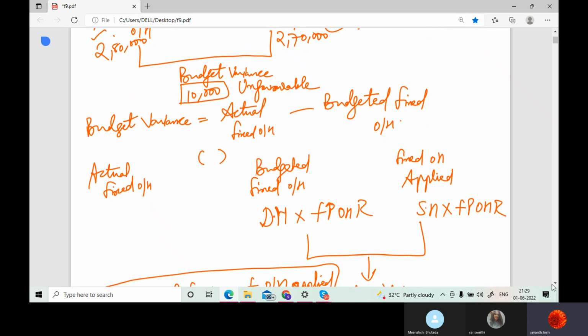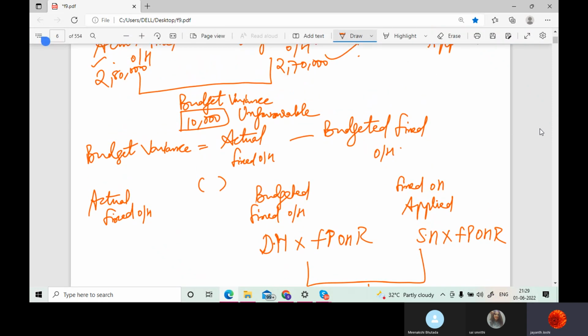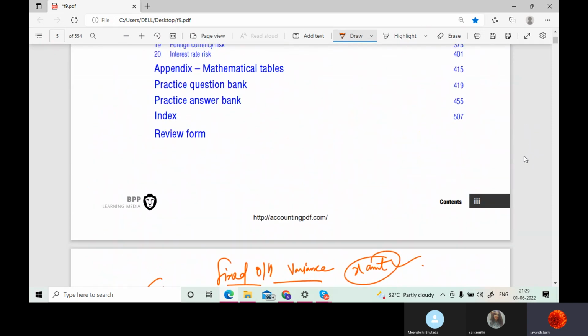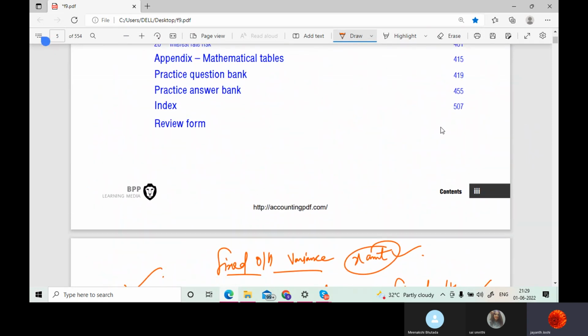So let's do this. Now what we'll do is we'll find out the fixed predetermined overhead rate. Okay. So from the question, you can see the actual fixed manufacturing overhead.